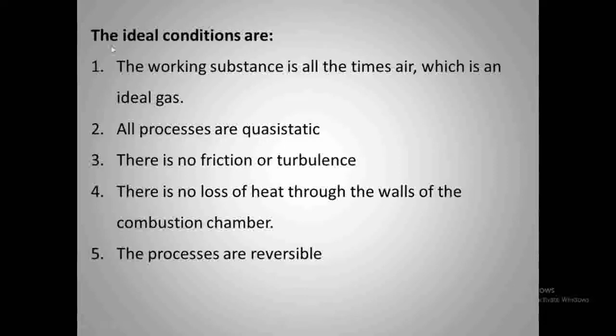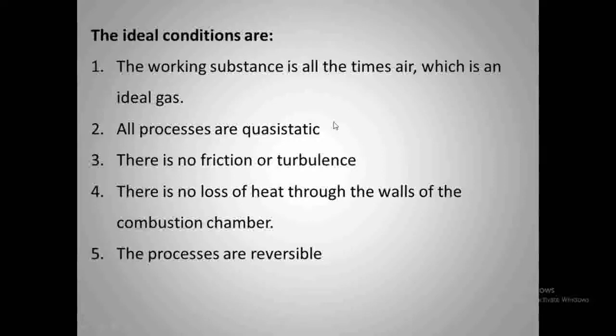So what are the conditions for this gasoline engine to become an idealized gasoline engine or an Otto cycle? There are mainly 5 conditions. One is that the working substance is air at all times. The second condition is that all processes are quasi-static. The third is that there is no friction or turbulence.